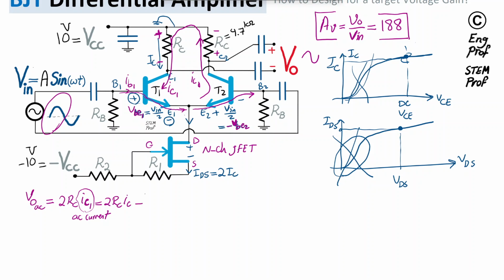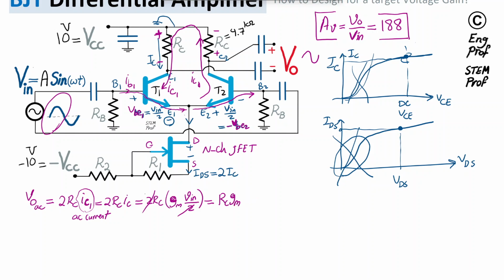So I can write 2 times RC times, instead of IC, the transconductance of one BJT, gm. By definition IC is gm times the voltage across base emitter, which is Vin over 2, AC voltage. Of course, these two cancel out each other, so we get RC gm, and then we have Vin.